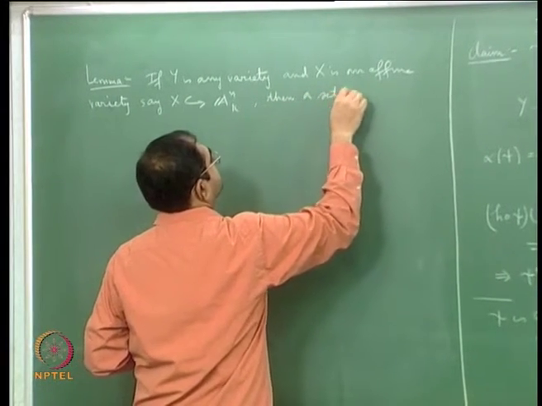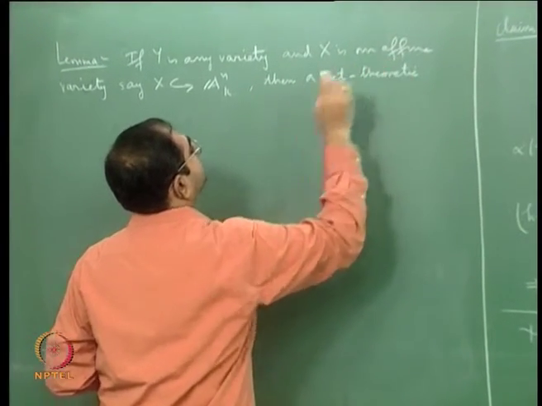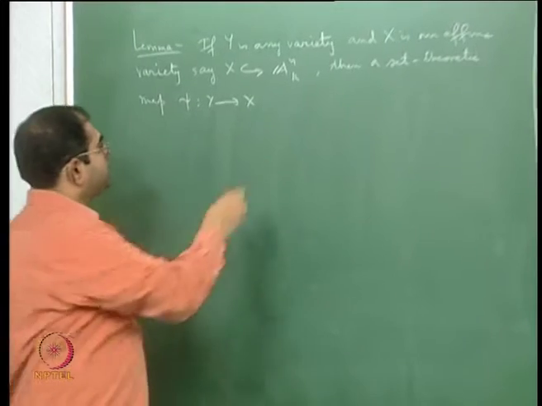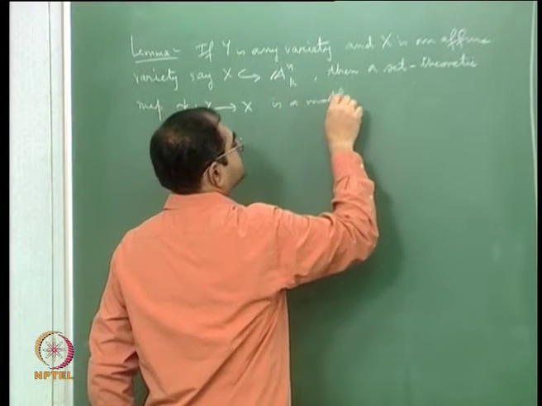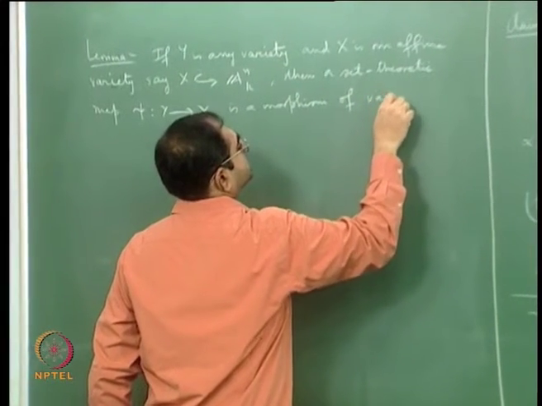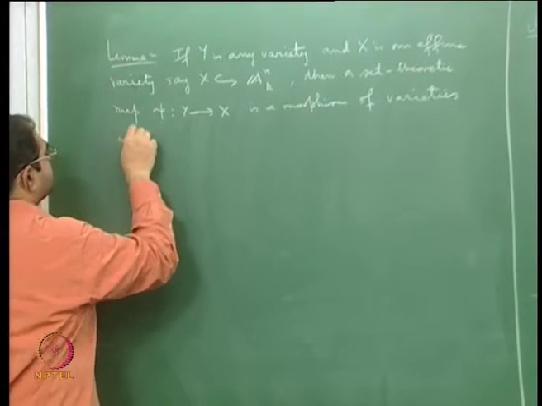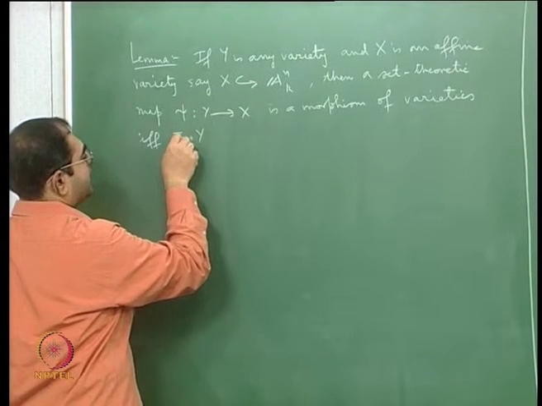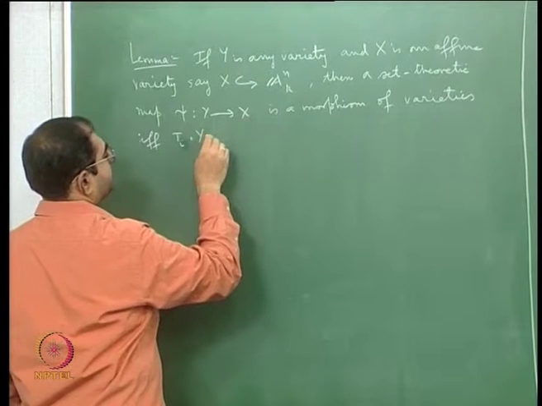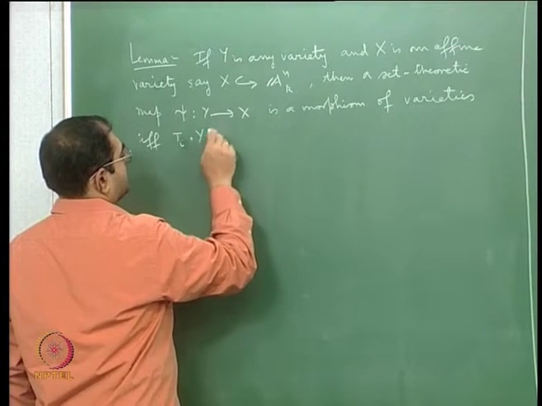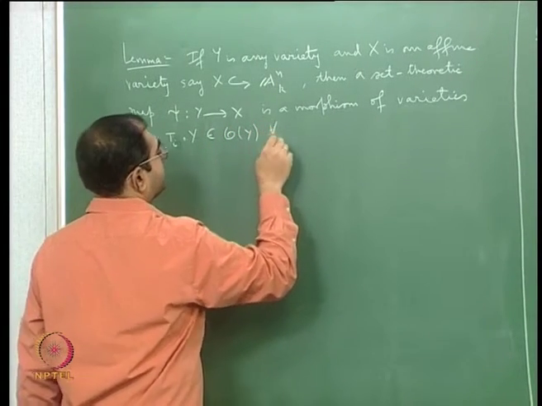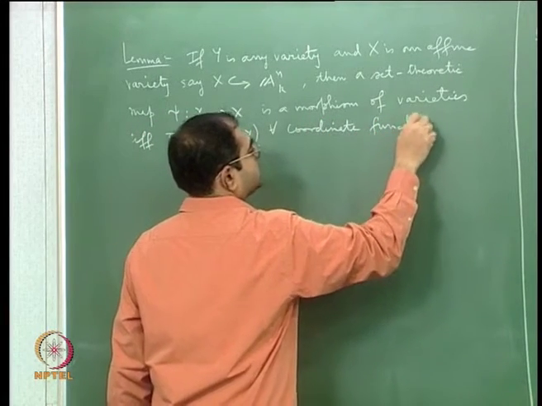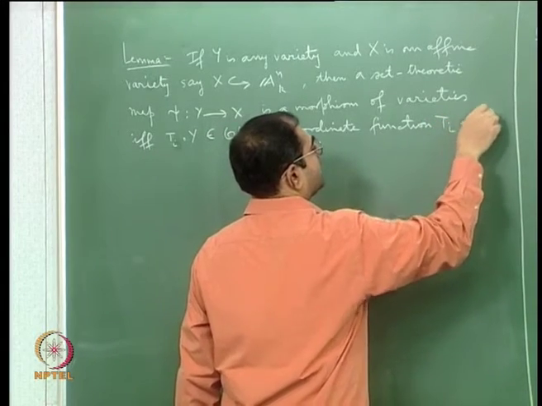a set theoretic map psi from y to x is a morphism of varieties if and only if ti circle psi is a regular function on y for every coordinate function ti on A^n.